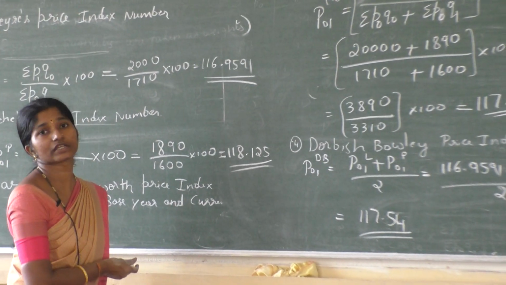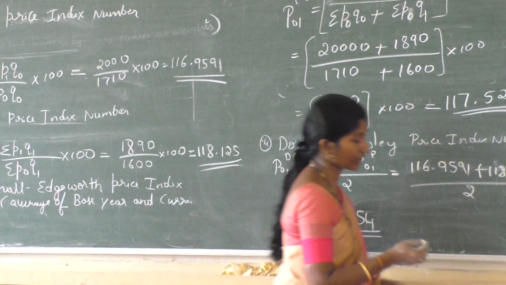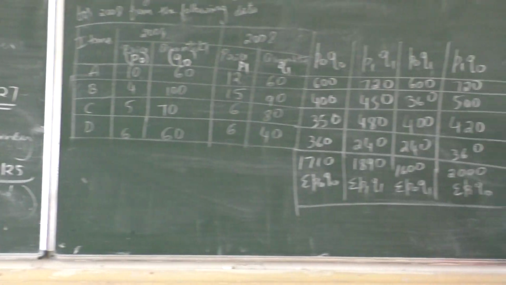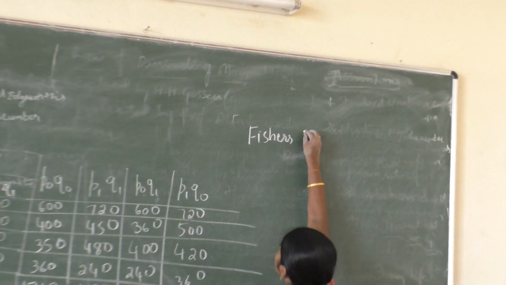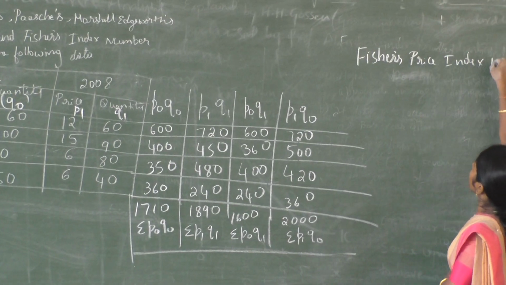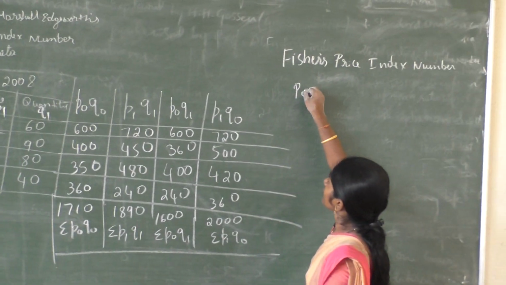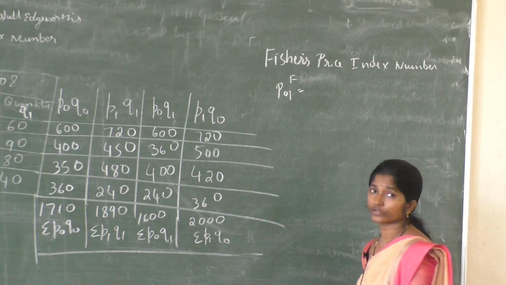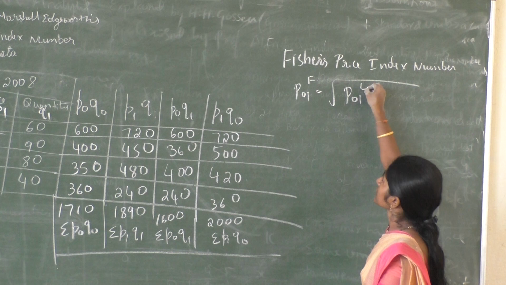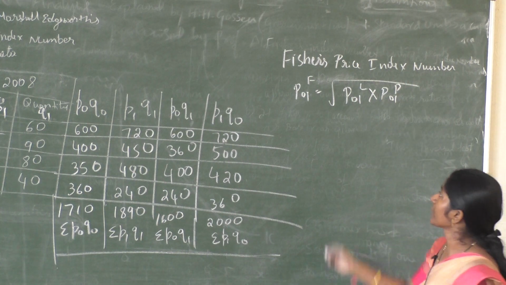Last one, Fisher's index number. I will calculate it using the geometric mean. P01 of Fisher's equals the geometric mean of Laspeyres and Paasche.